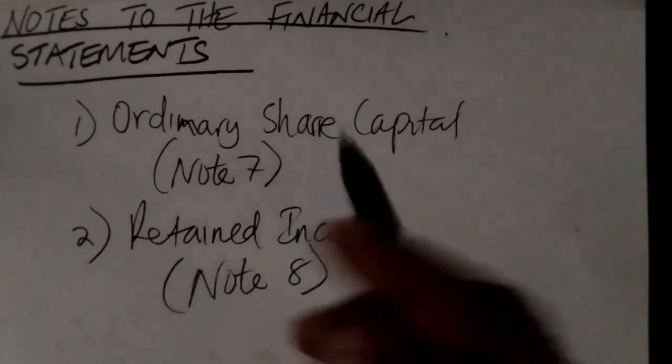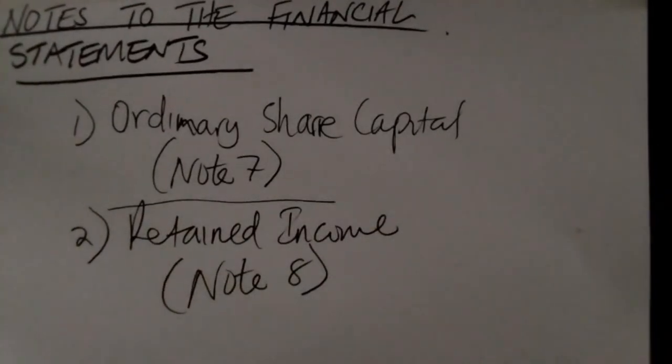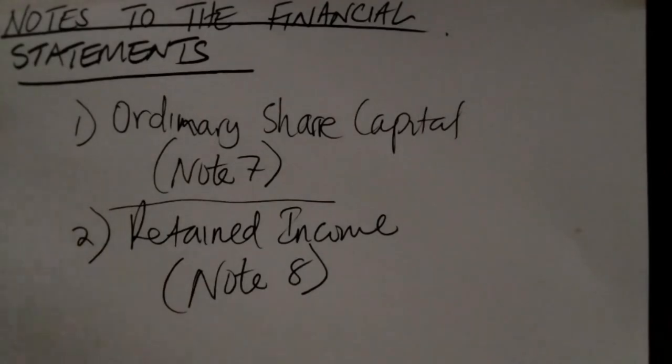In order to explain ordinary share capital better, which is what I'm going to start with, I'm going to make use of a past exam paper, the prelim exam of Northwest for the year 2017. You are given information on your share capital under information C, and they say the authorized share capital comprises 5,000 ordinary shares.